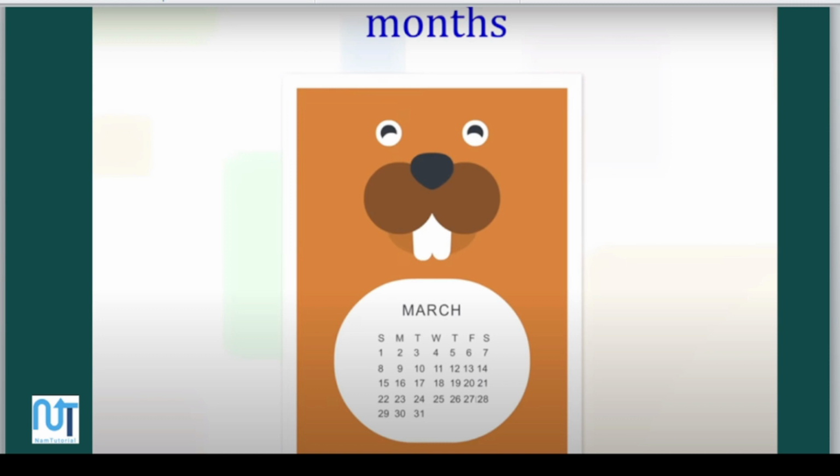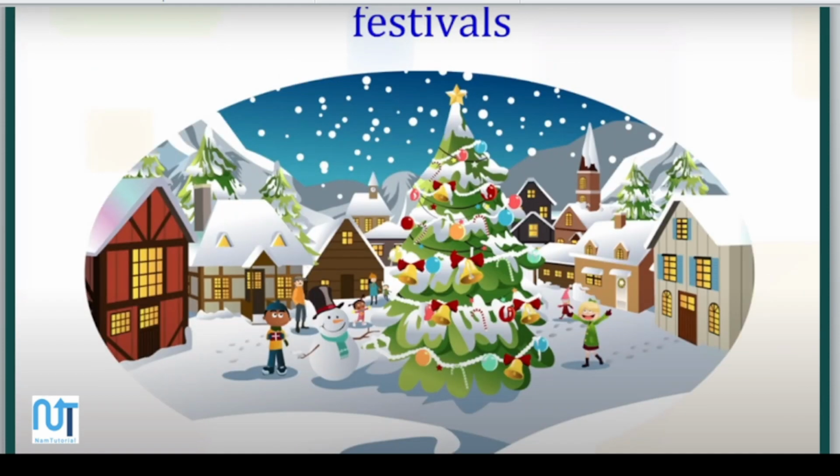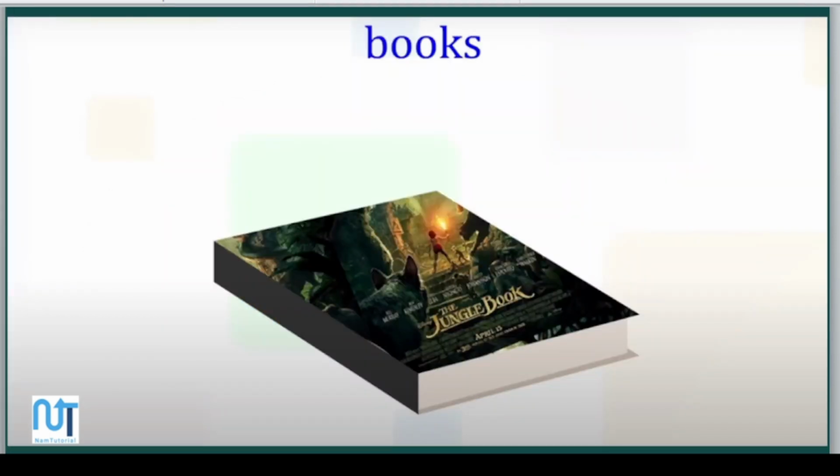Names of months: January, February, March, April, May, June, July, August, September, October, November, December. Names of festivals: Diwali, Dashera, Christmas, Gandhi Jayanti. Names of books: The Jungle Book, the Ramayana, Mahabharata, Quran, Gita, Harry Potter.